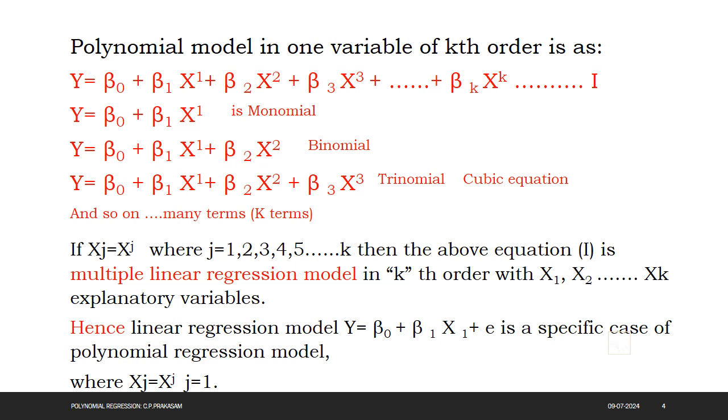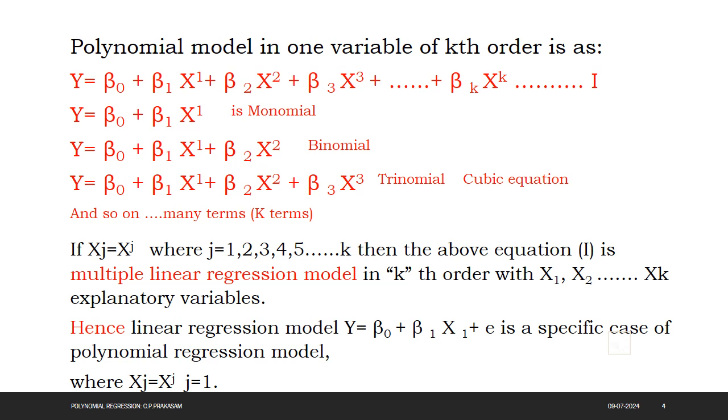But when y equals b0 plus b1 x to the power of 1, it is called a monomial, that is, single power. Y equals b0 plus b1 x to the power of 1 plus b2 x square is binomial, and y equals b0 plus b1 x to the power of 1 plus b2 x square plus b3 x cubed is called the tri or cubic equation of the polynomial, and so on.